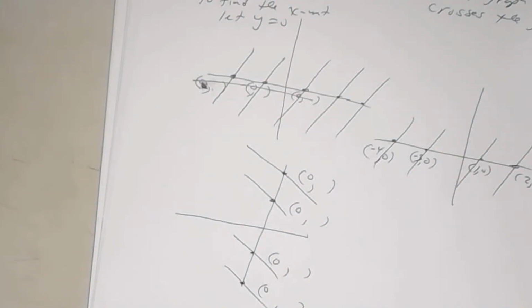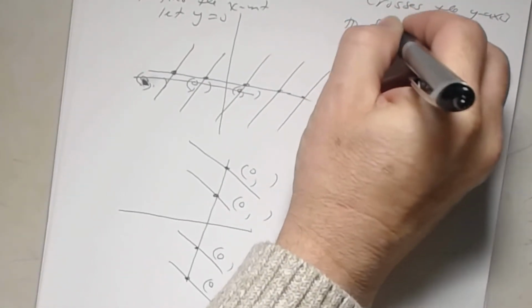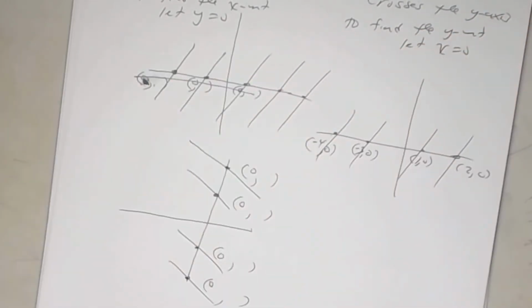What the y-intercepts have in common is that x has to be what? 0. So if we want to find the y-intercept, I'm going to let x equal 0. To find the y-intercept, you let x equal 0. Okay?